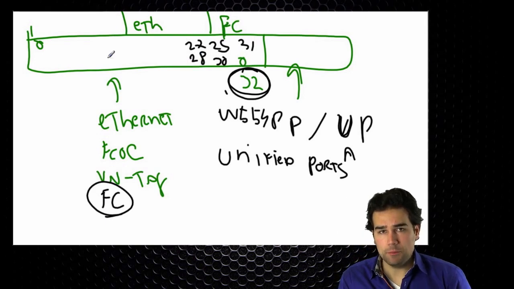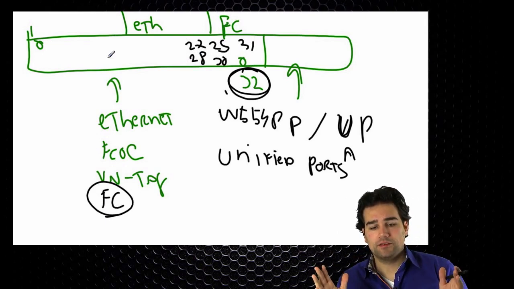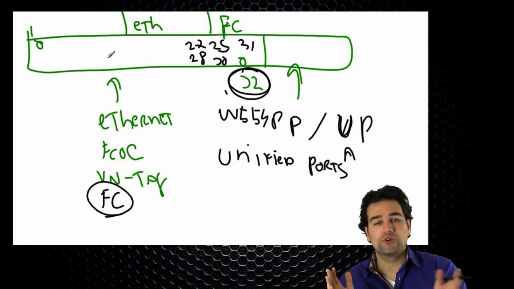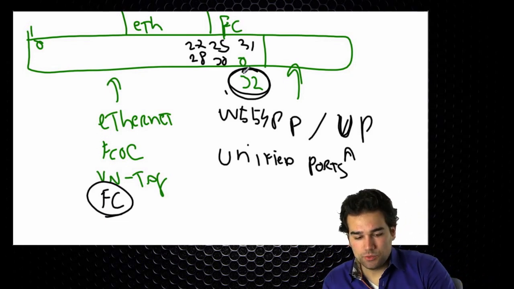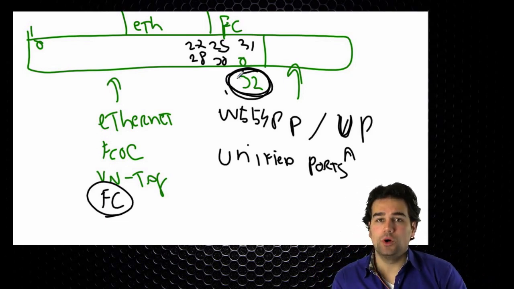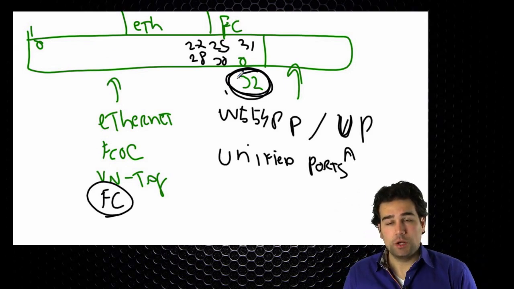Technically, I can configure up to 32 Fiber Channel ports on my Fabric Interconnect, which is not a very good thing to do because that doesn't leave any room for connecting servers. But all right, you get the point. So working my way back from port 32 all the way back, how many ports do I need for my uplinks? Unified ports. I will show you how to configure that later.